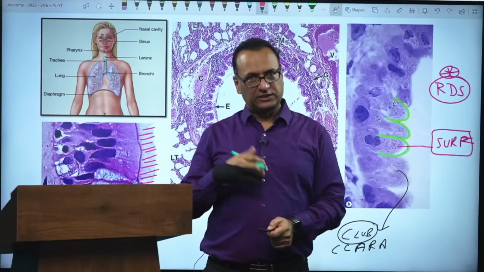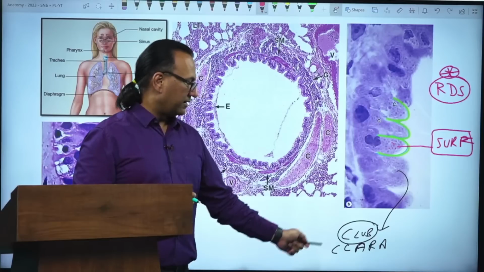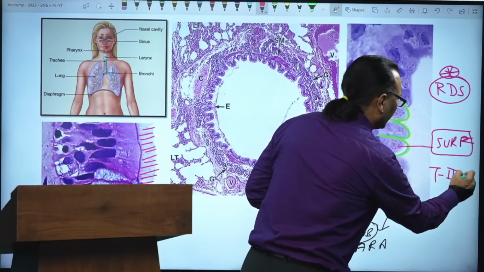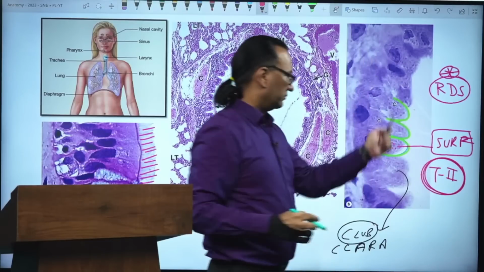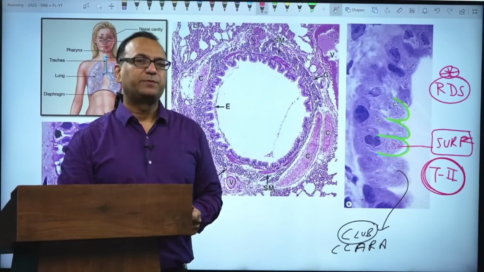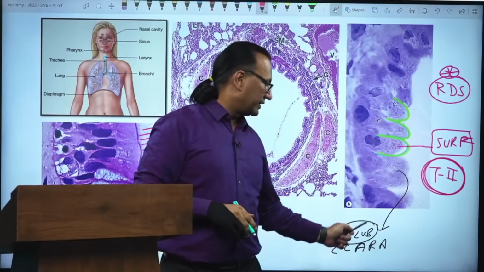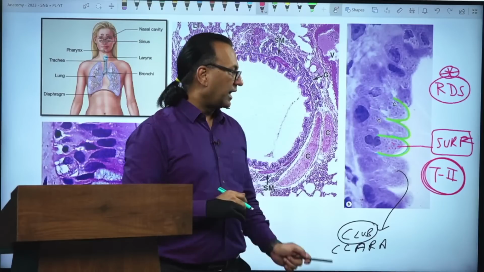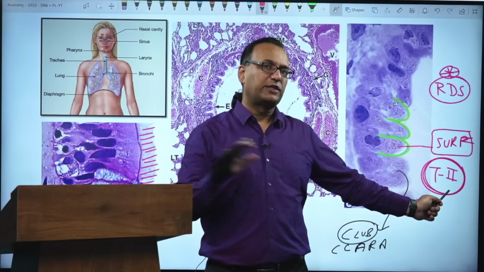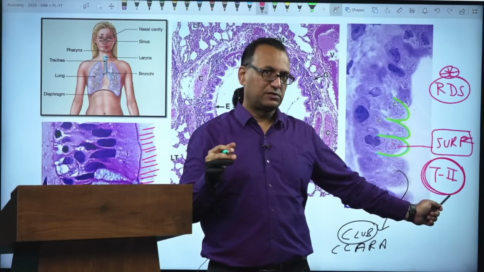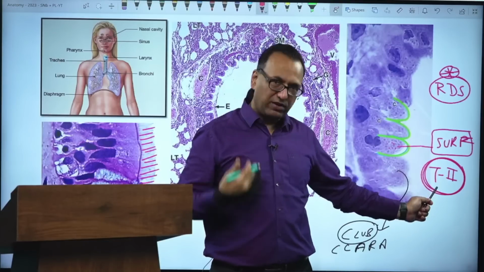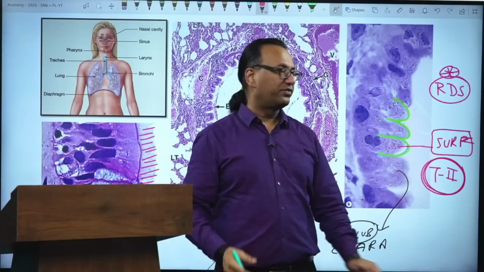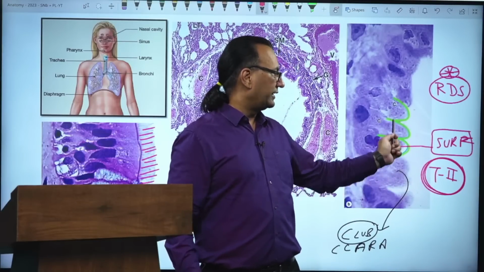Though surfactant is secreted by the Clara cell, the club cell, mostly it is secreted by the type 2 pneumocyte, but the type 2 pneumocyte is not seen in the terminal bronchiole or respiratory bronchiole. The club cell, Clara cell are present in the terminal or respiratory bronchiole. Where is the type 2 pneumocyte? It is not in the respiratory bronchiole or terminal bronchiole, it is in the alveolus. Most of the surfactant is given by the type 2 pneumocyte, but there will be a reduction of this surfactant, and that can be a problem.